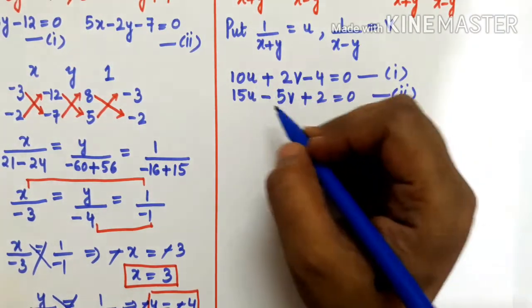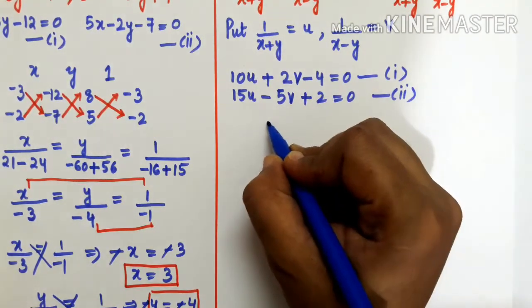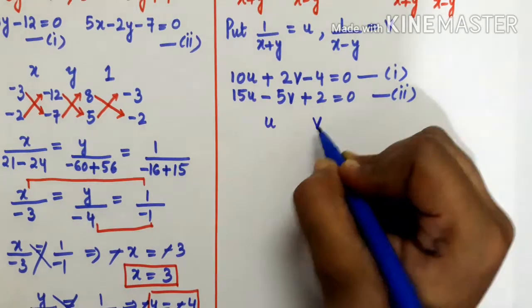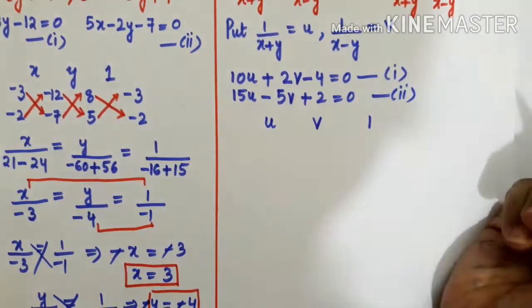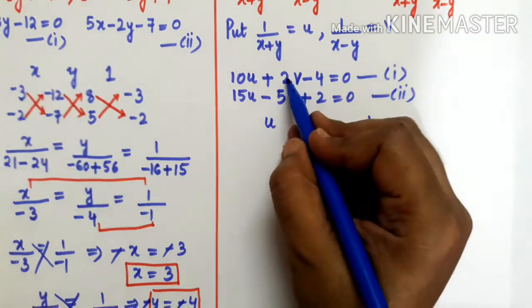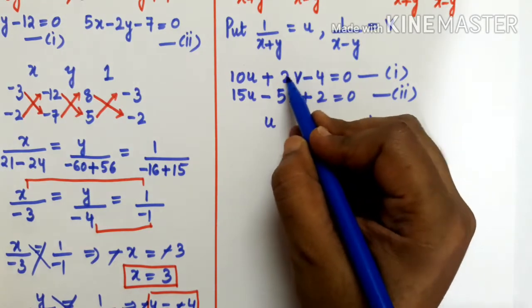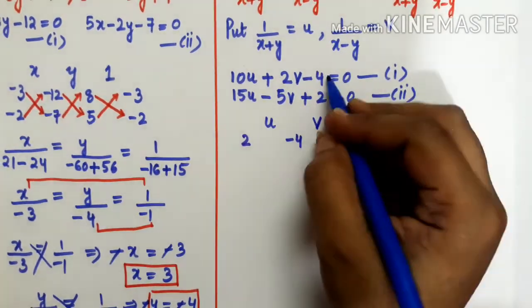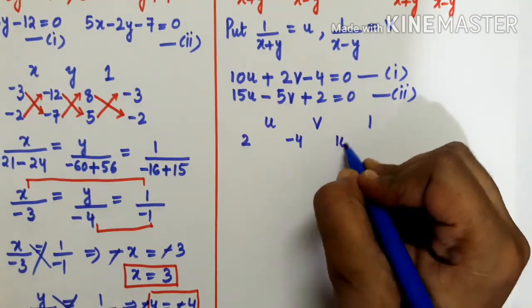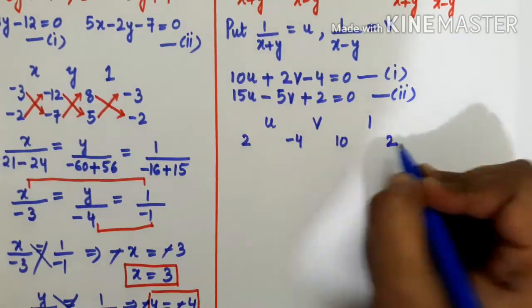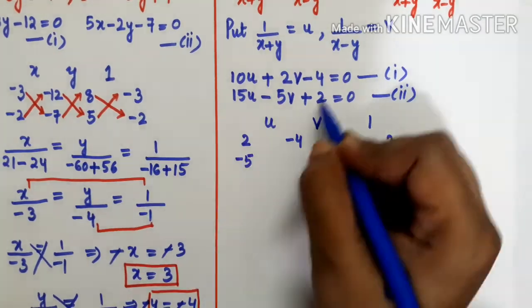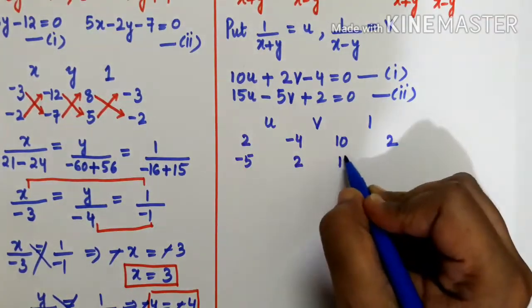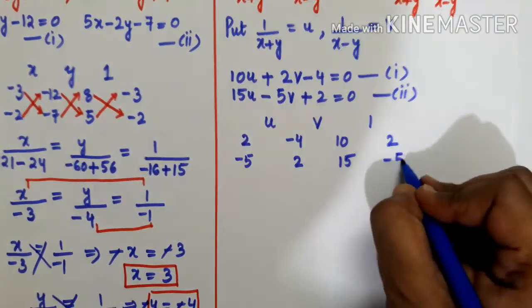Here variables have changed. Instead of x and y you got u and v. So u, v, and for constant we are taking 1. Okay, so now start from the second term where coefficient of v is 2, then constant is same, then coefficient of u is 10, then again come back to 2. Okay, minus 5, 2, then 15, then minus 5.